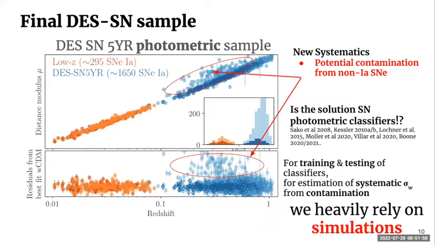And next slide, one of the ways we use to control this contamination is using supernova photometric classifiers. I believe lots of people at this workshop have been working in some ways with photometric classification, and these are very interesting. One of the challenges when it comes to using photometric classifiers is that they need to be trained and tested.